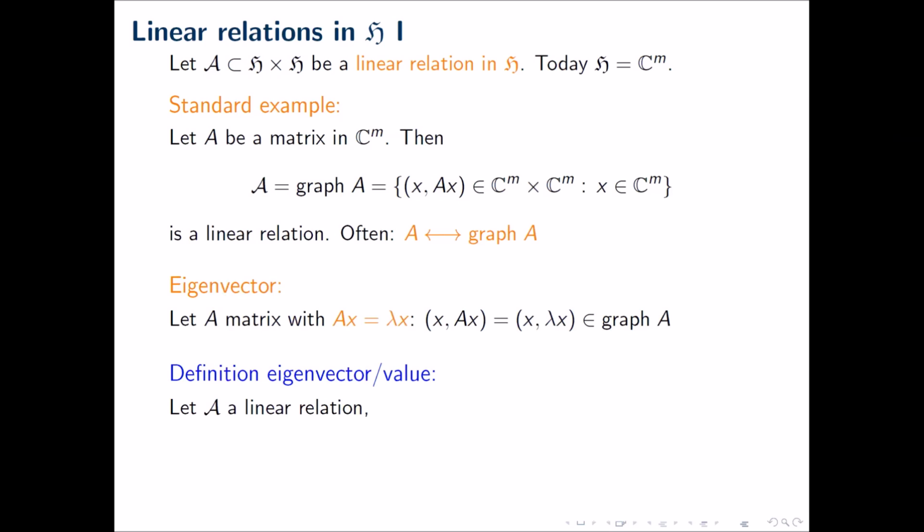I don't need matrix properties for this. So we take an arbitrary linear relation, and then eigenvector and eigenvalue, of course, are defined in this way. And in this, oh, now I did something bad.